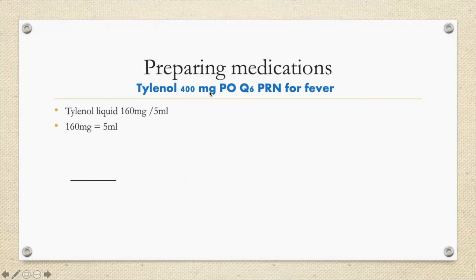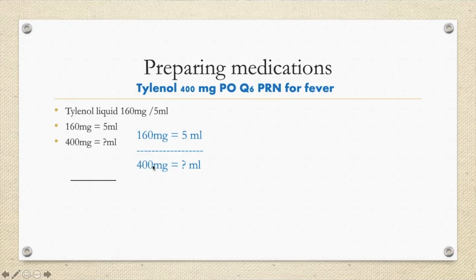So there's a couple of ways that we can do this. The first way is a ratio problem. You think back to chemistry and how you would do ratios, it's the exact same way. You've got 160 milligrams per 5 mLs. We want 400 milligrams, so how many mLs would we pull up? So it's as easy as setting up a ratio.